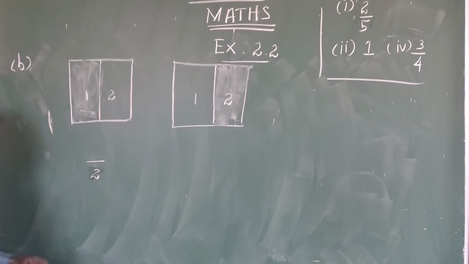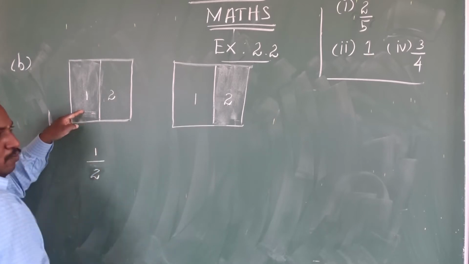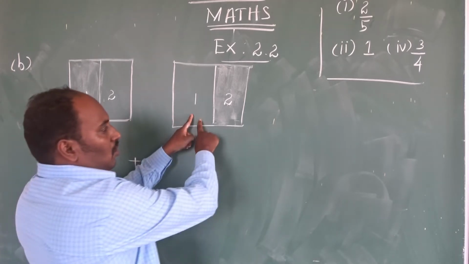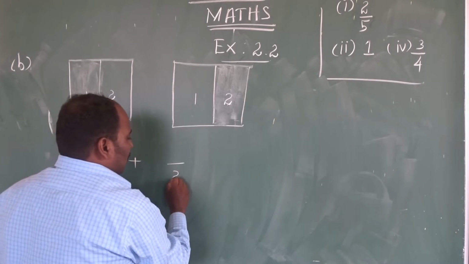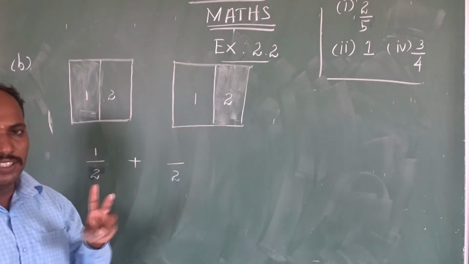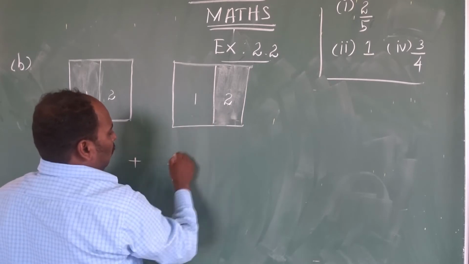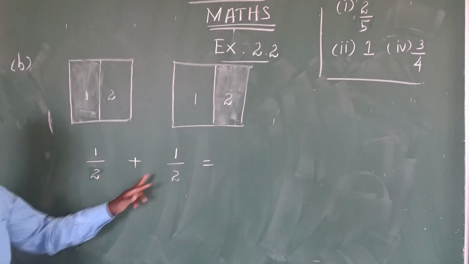Number of portions 2 and shaded portion 1. Write the denominator: total number of portions 2, the shaded portion is only 1, so we add 1 by 2 plus 1 by 2.